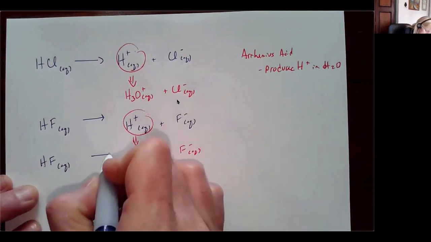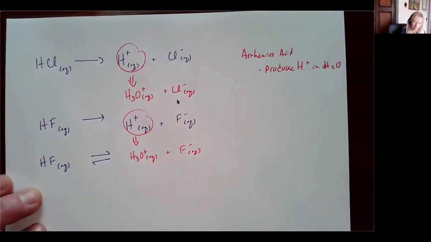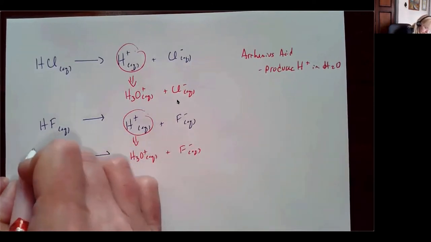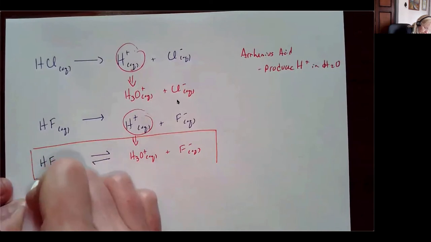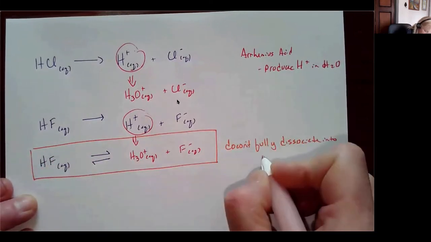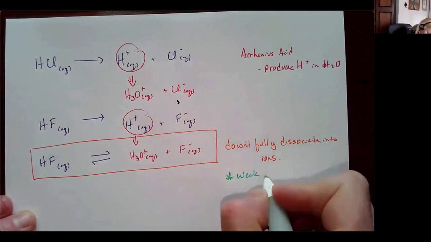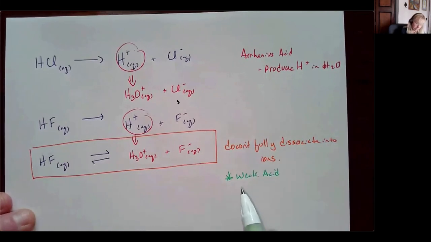So this is an opportunity to have an equilibrium scenario. You have an equilibrium for things like HF because it doesn't fully dissociate into ions. If it doesn't fully dissociate into ions, we have a name for that. We call that a weak acid. It's not going to be that reactive.